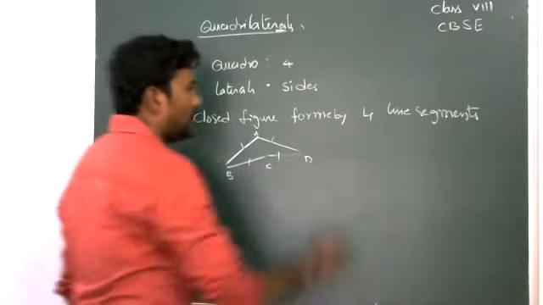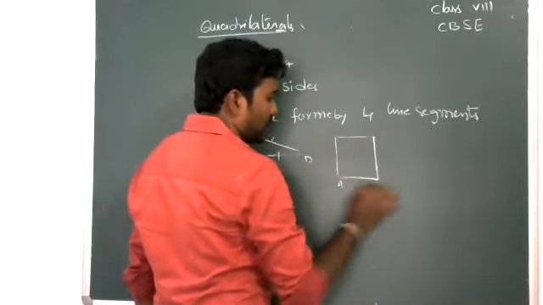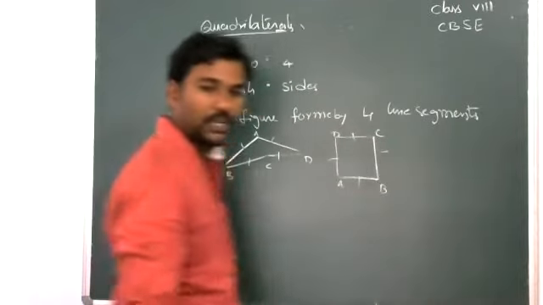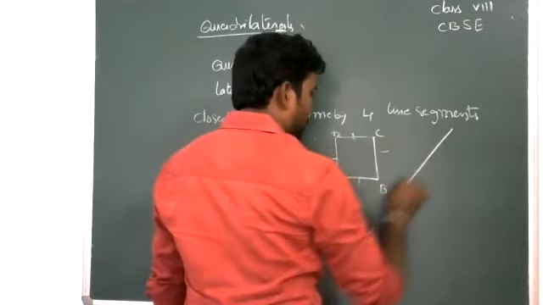Then it's a quadrilateral. Then one more: this one is also a quadrilateral, 1, 2, 3, 4. Whatever it may be, you can draw anything, no problem.